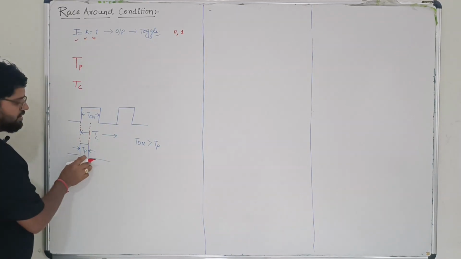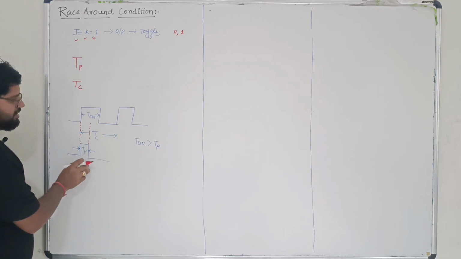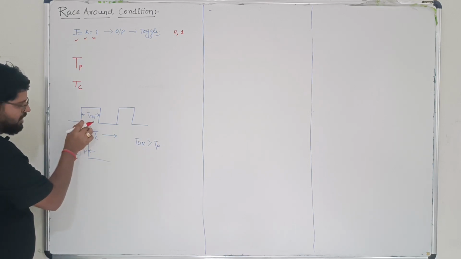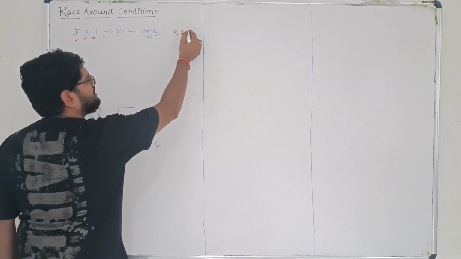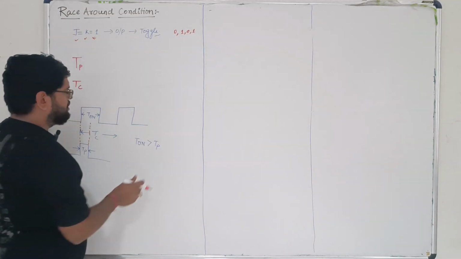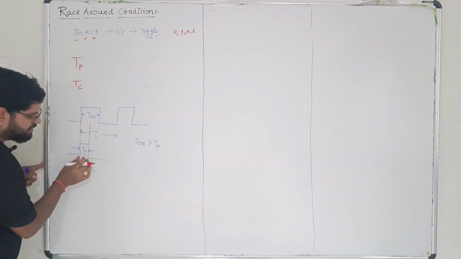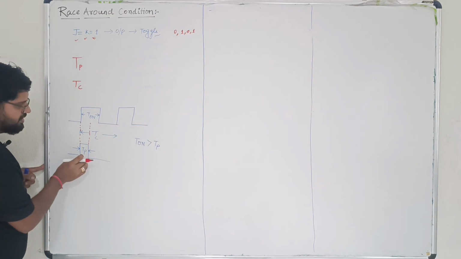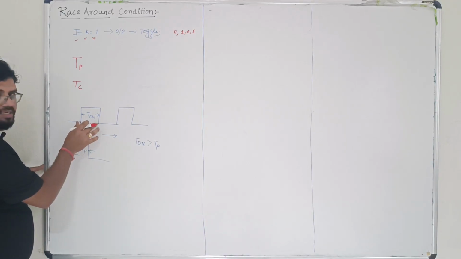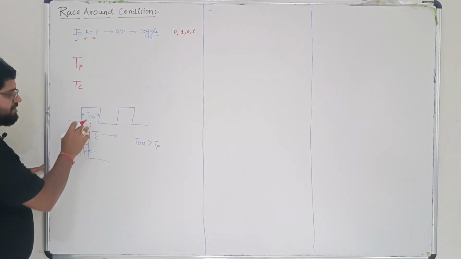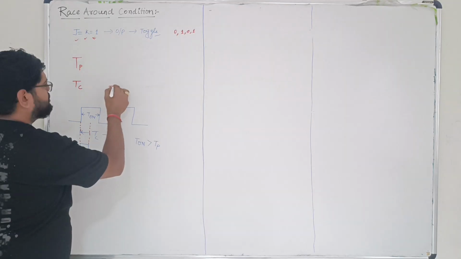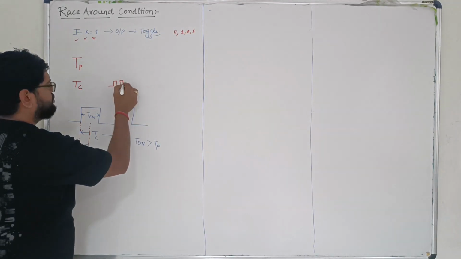It totally depends on the width of TP, the propagation time period. If it is much smaller, we'll get 0 once again, then 1 once again. If the propagation time period shrinks and the clock time period becomes larger, then we'll get an output fluctuating between 0 and 1.